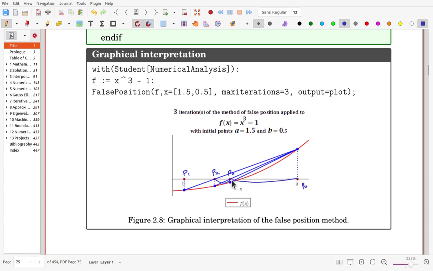Right now the solution is on this side, so we again use this point and that point to make the secant line and x-intercept, which is the new update P4. In this way, the solution is updated. So it is really a combination of the secant method and the bisection method.